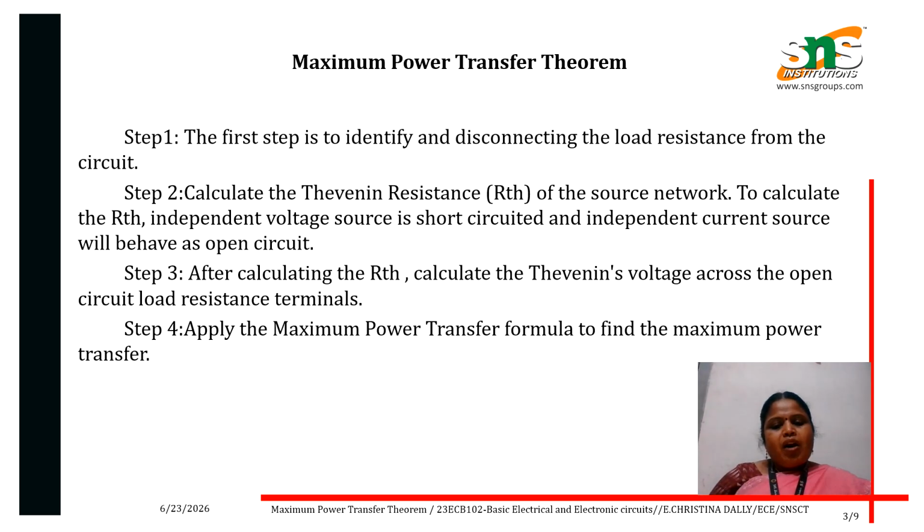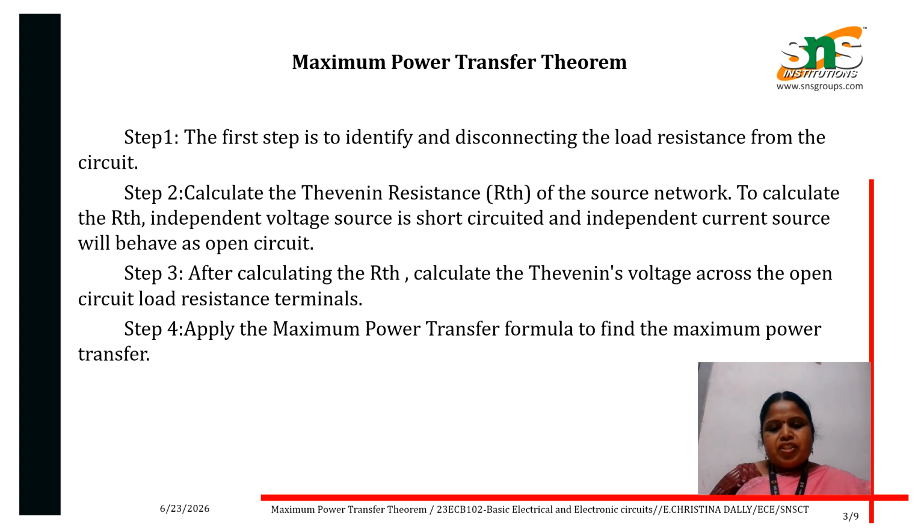The next step is to calculate the Thevenin's resistance. Already, we have mentioned how to calculate the Thevenin's resistance in the previous video. To calculate RTH, we short circuit the independent voltage source, and the independent current source behaves as an open circuit.